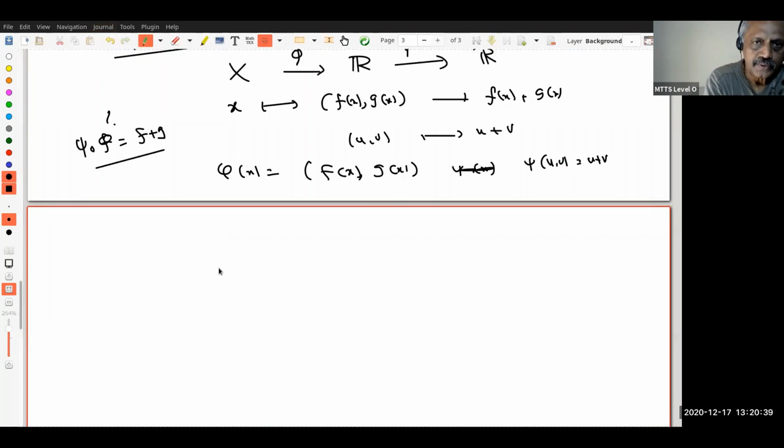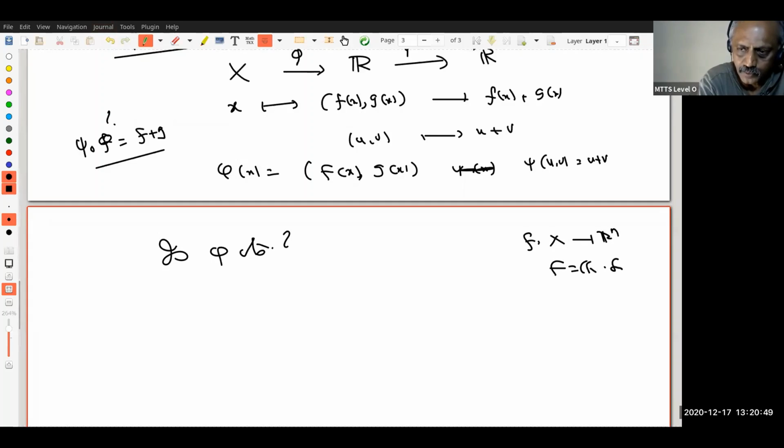So, is phi continuous? That we know, because if there is a function f from X to Rn, and I write f equal to (f1, ..., fn) the component functions, I know f is continuous if and only if each fi is continuous. Therefore, asking whether phi is continuous is the same as asking whether the component functions are continuous. What is the first component of phi? f. Is that continuous? That is given. Similarly, g. Therefore, phi is continuous.